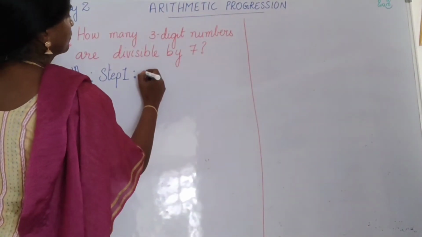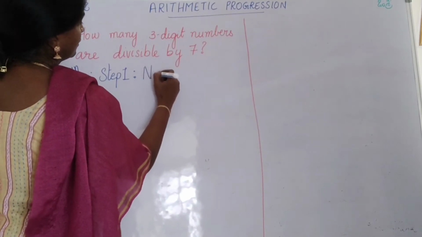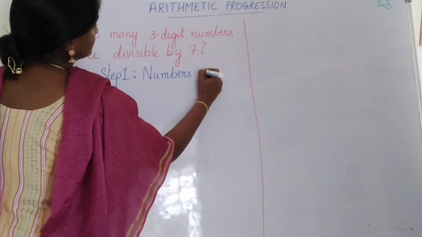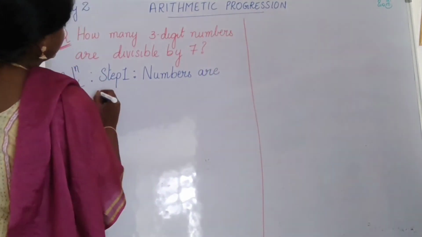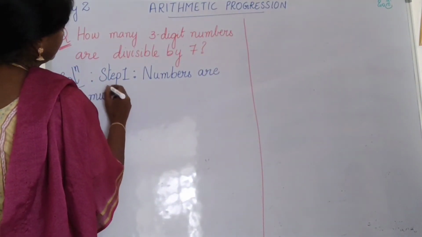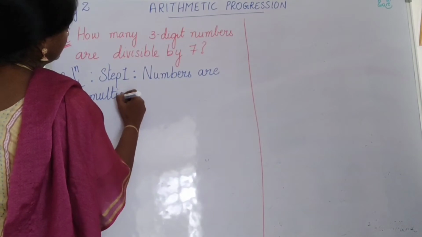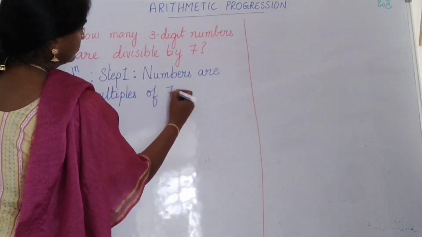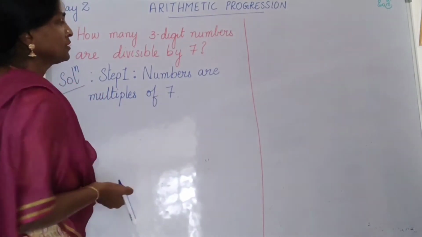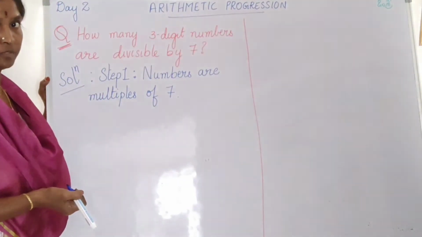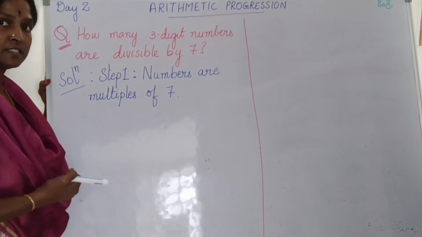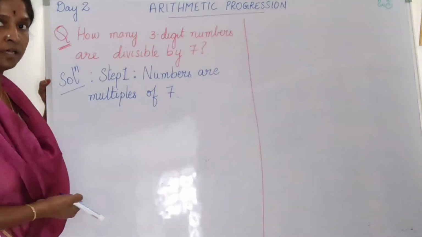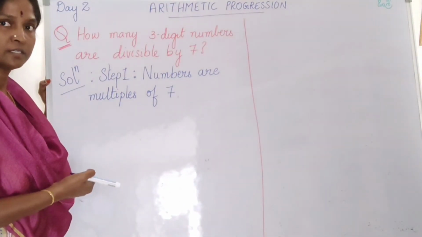First thing is the numbers are multiples of 7, and the second data that is given in the problem is they are 3-digit numbers.